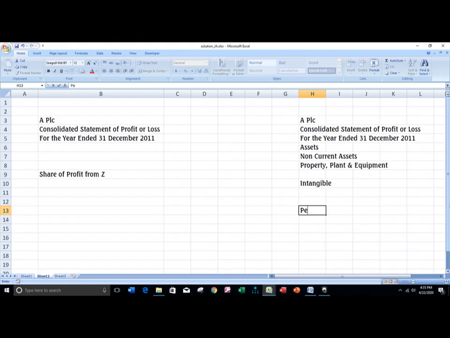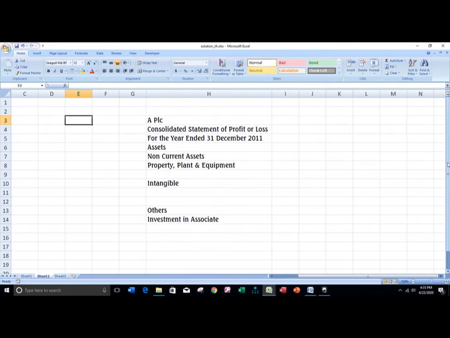Then other non-current assets. This is where we're going to put that investment in associate. Under these others, we say investment in associates.